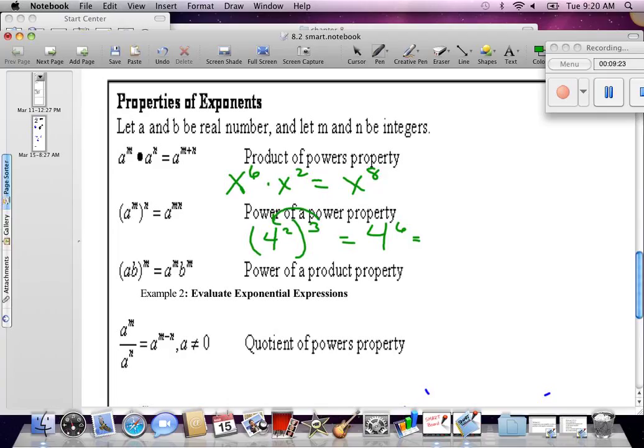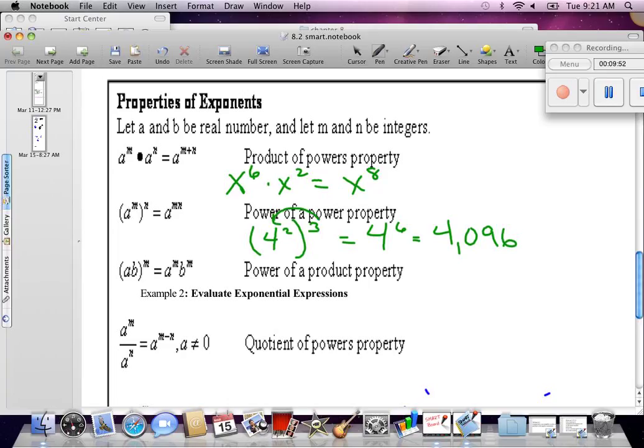Jalen can do it. What is 4 to the 6th? 4 caret 6. Come on, guys. Real loud. 4,096. Thank you. So you have to multiply when you take something to another power.